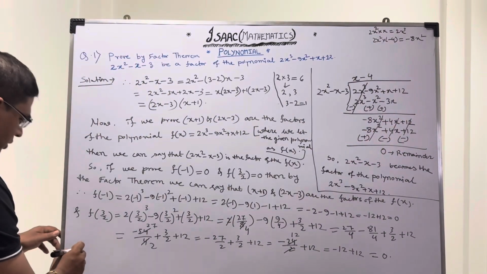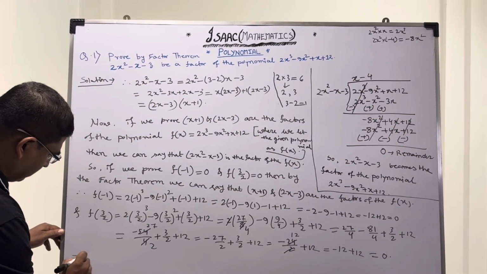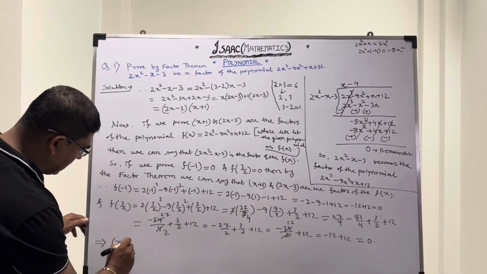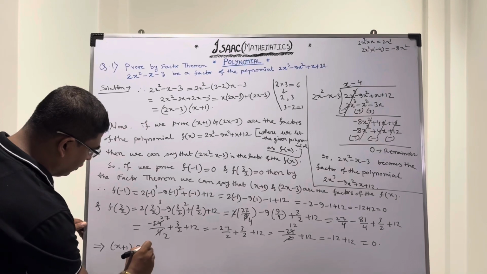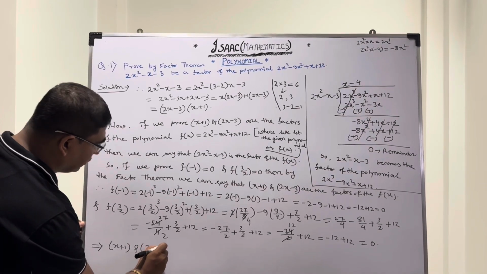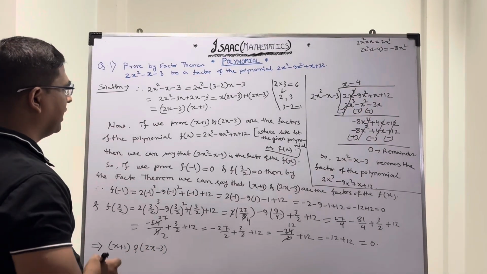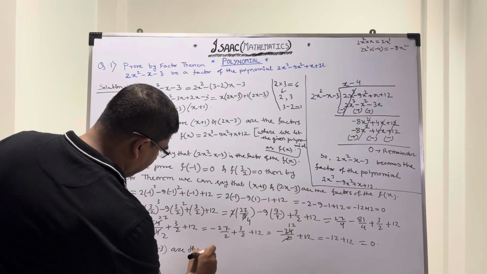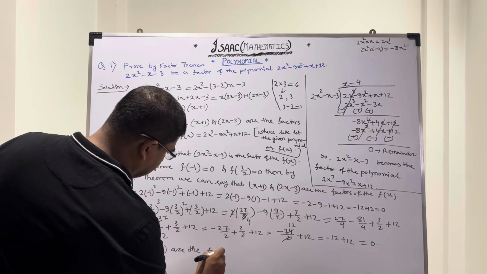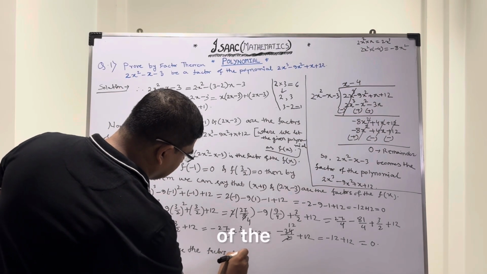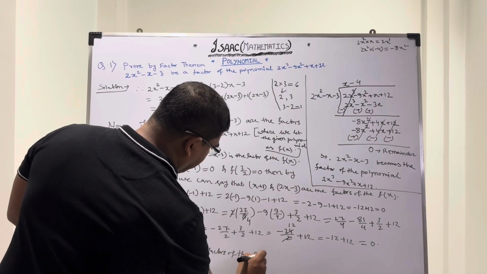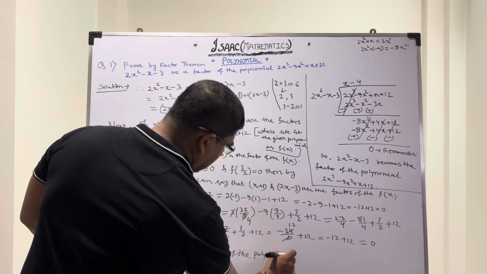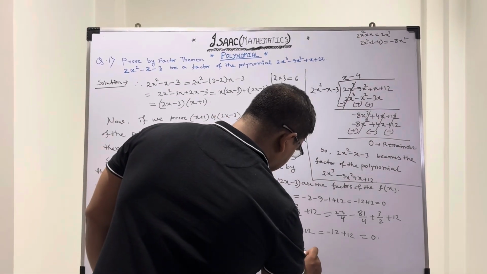So this will imply x plus 1 and 2x minus 3 are the factors of the polynomial f of x.